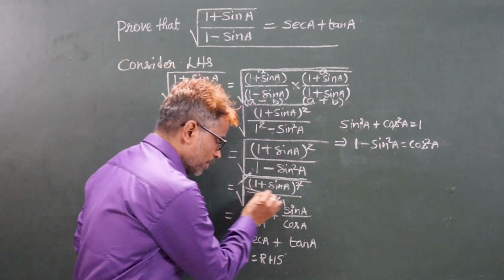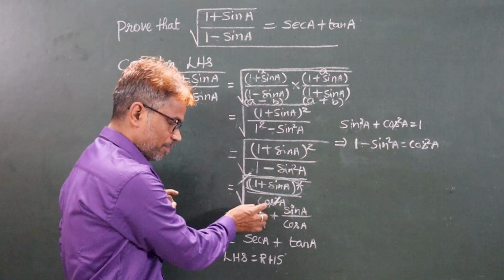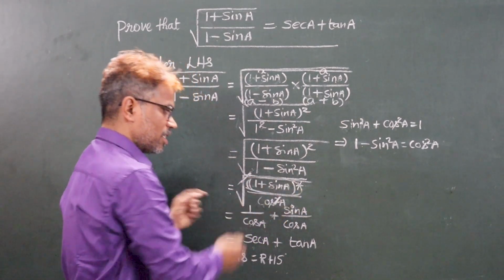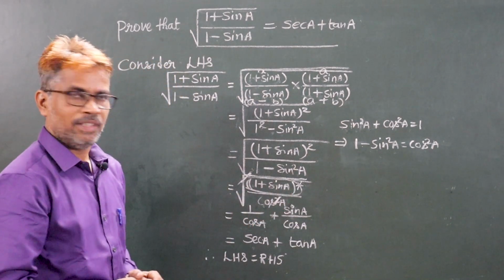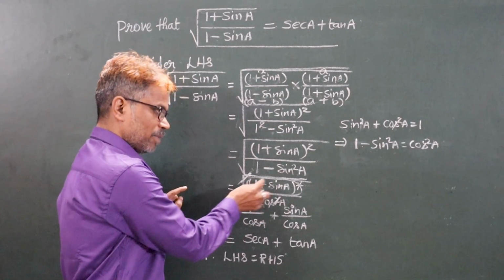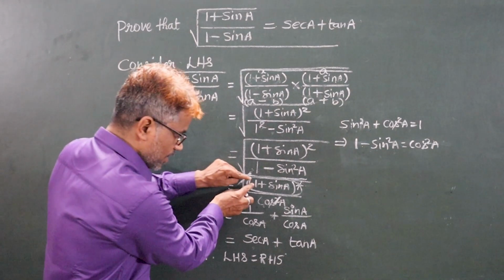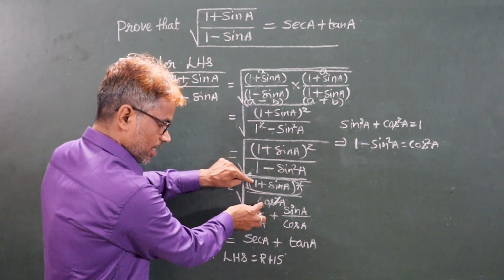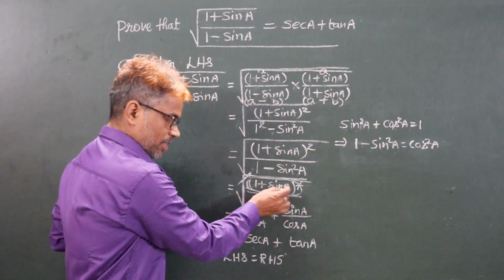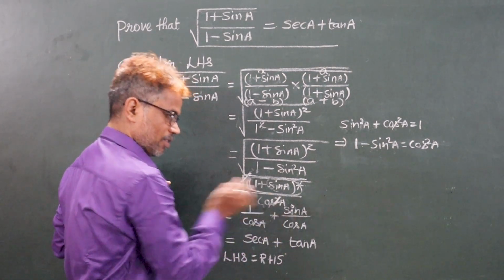Here we have a binomial expression, which is to be divided by a monomial. It is also called a polynomial expression. When a polynomial is divided by a monomial, we need to divide both terms of the polynomial by the monomial. That is, the first term of the polynomial, 1, is to be divided by the monomial cos a, plus the second term of the polynomial, sin a, divided by cos a.